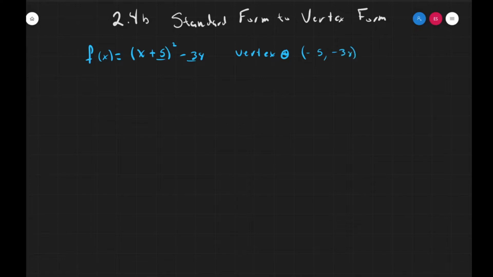So there we would have a quadratic function with the vertex at negative 5, negative 38, just from this vertex form part here.